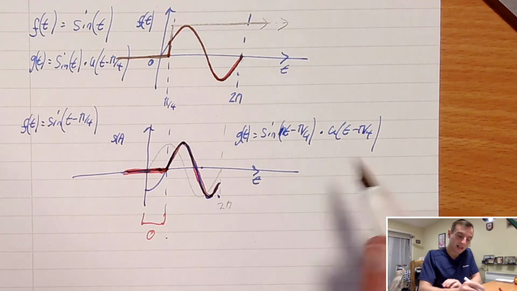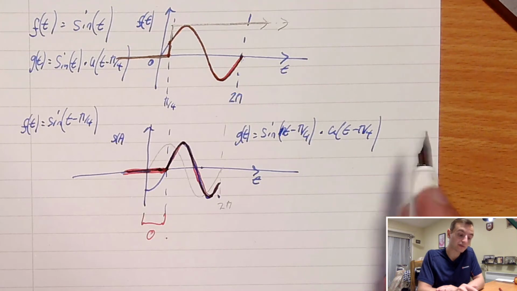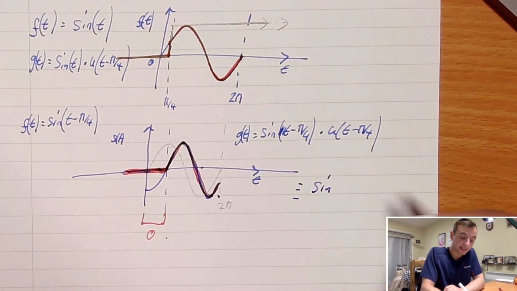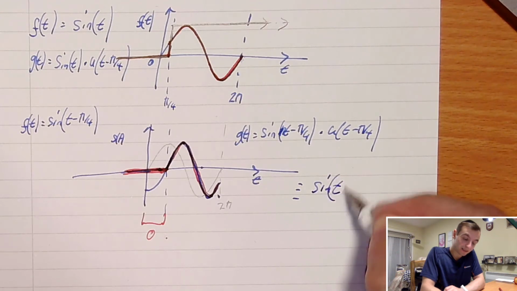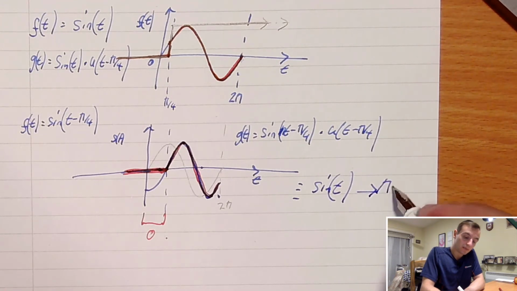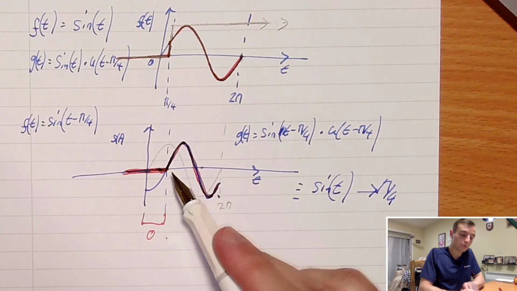So we can say that sin(t − pi/4) · u(t − pi/4) is really identical to sin t shifted pi on 4 units to the right, because that's what this thing is over here.